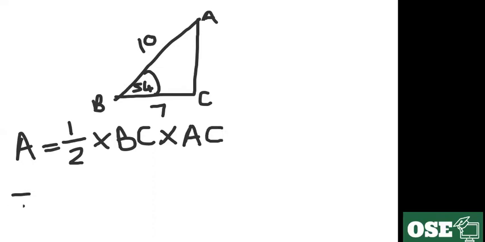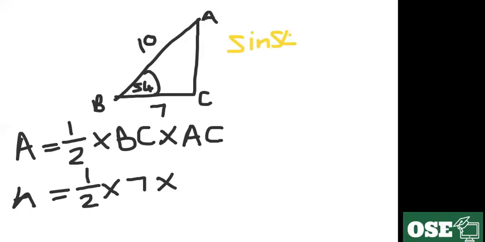So therefore, A is equal to half. What is BC? 7. AC, we're not given. But how do you calculate it? Remember, sine B or sine 54 is equal to AC over 10.